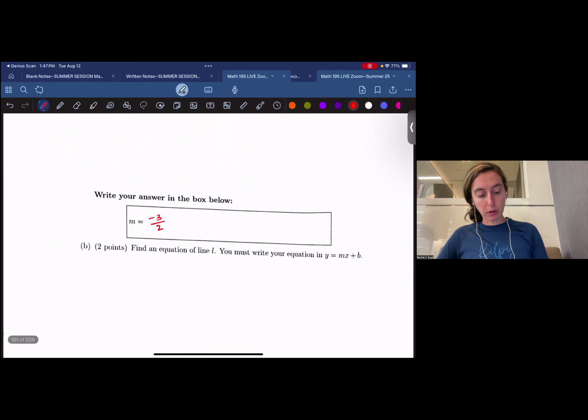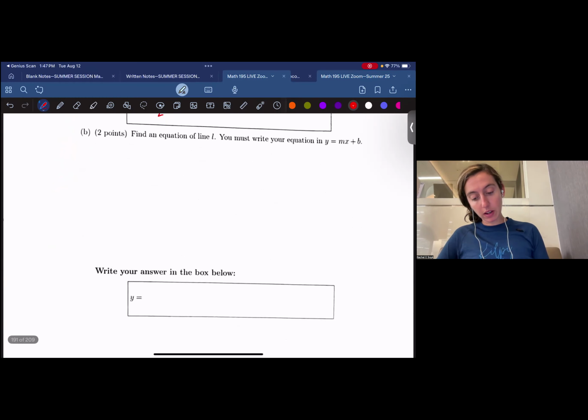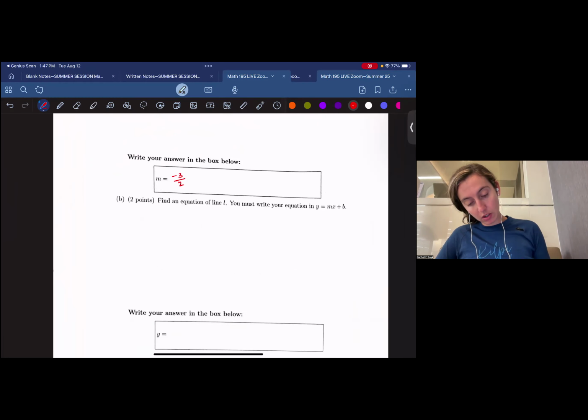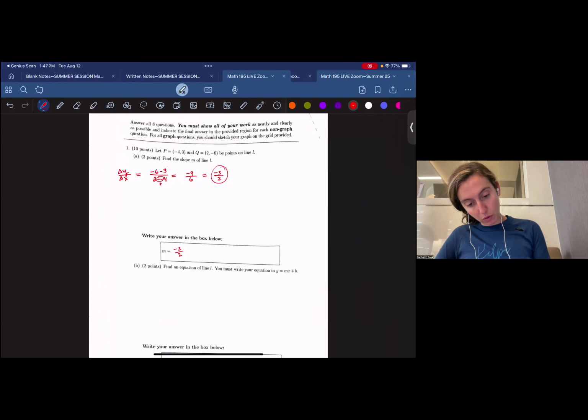Let's move on to part B, where we're asked to find the equation of the line. What we should do here is utilize our point-slope formula. y minus y1 is equal to m(x minus x1).